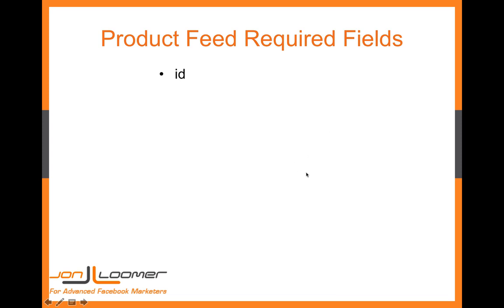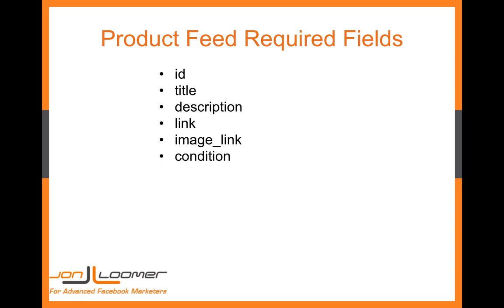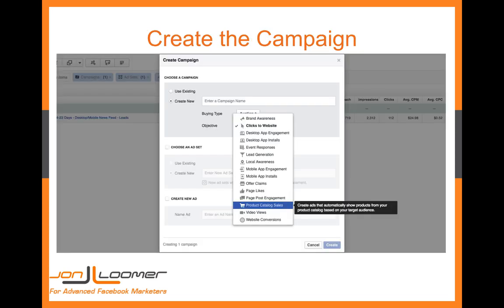So the required fields there are your ID, the title, the description, the link, the image link. Again, creating an ad here. The condition and the availability. So if it's not available anymore, Facebook won't show that ad. Also, of course, the price. Also some basic branding as well.